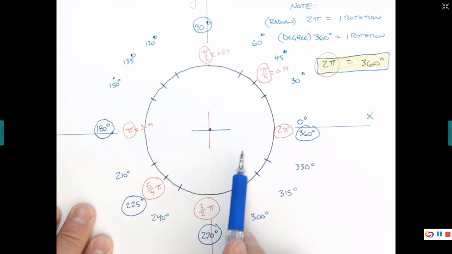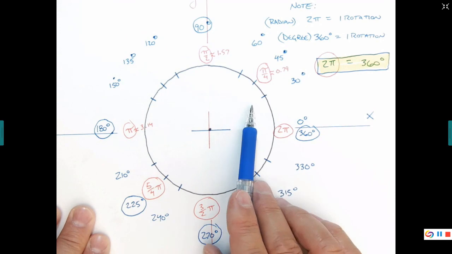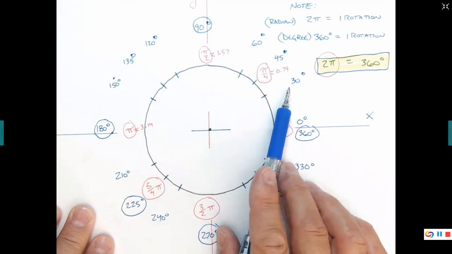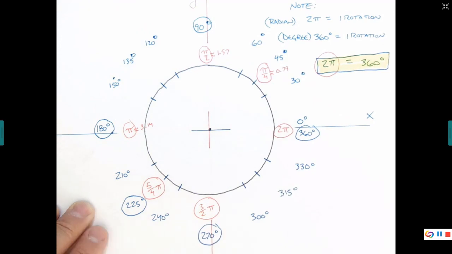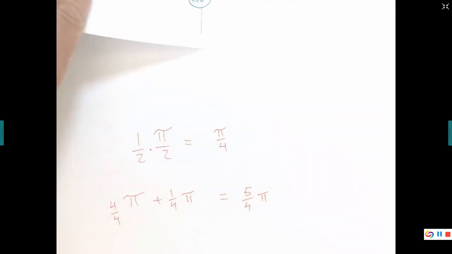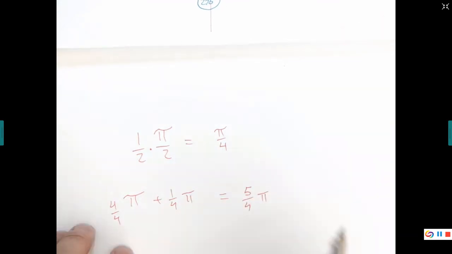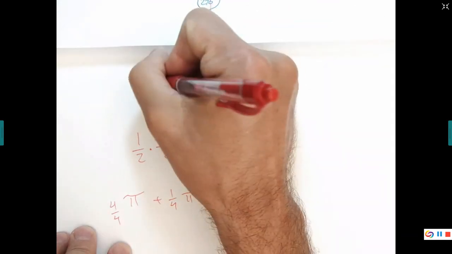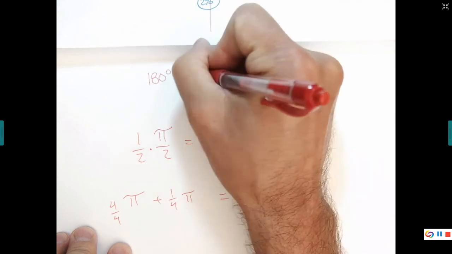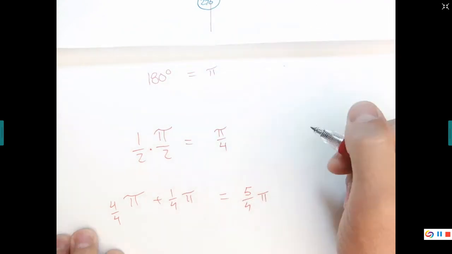Take a moment now and complete the rest of this. Oh, you say you want one more? All right, no problem. Let's do 30 degrees. So what I want to find is what radian measurement is 30 degrees. I could take something I know, like this: 180 degrees is equal to pi radians.